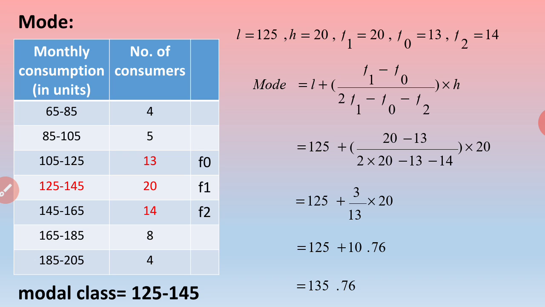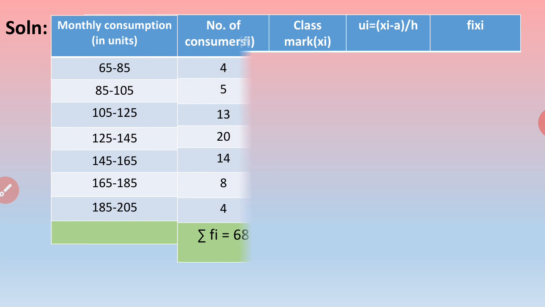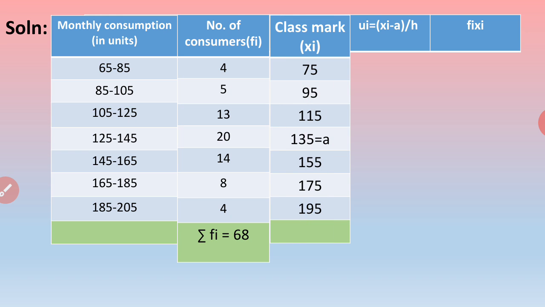The mode comes out to be 135.76. Our median was 137. You will see that all these lie near each other. The next part is finding out the mean. So you will note down the values and find out F1, sigma F1, that is the total of frequencies.